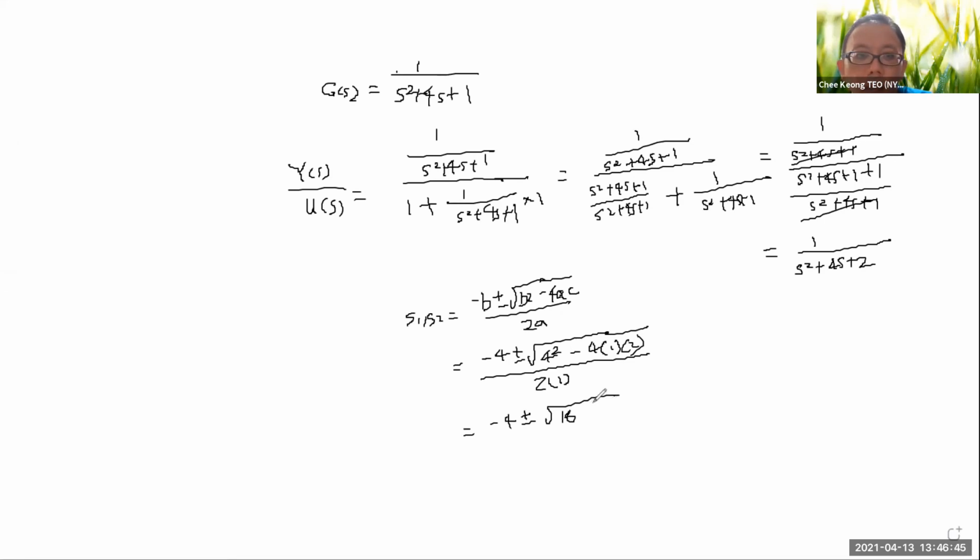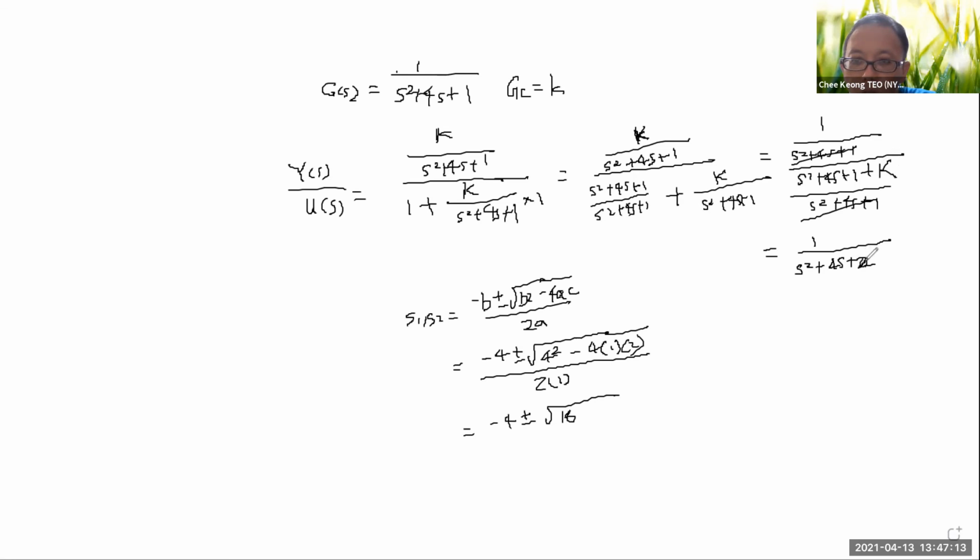Did I miss out anything? Oh, there is a K. Sorry, there's a K here because this is just G. There is another Gc which is actually K, so you have to put a K here and a K here. So this is actually 1 plus K, not 2.